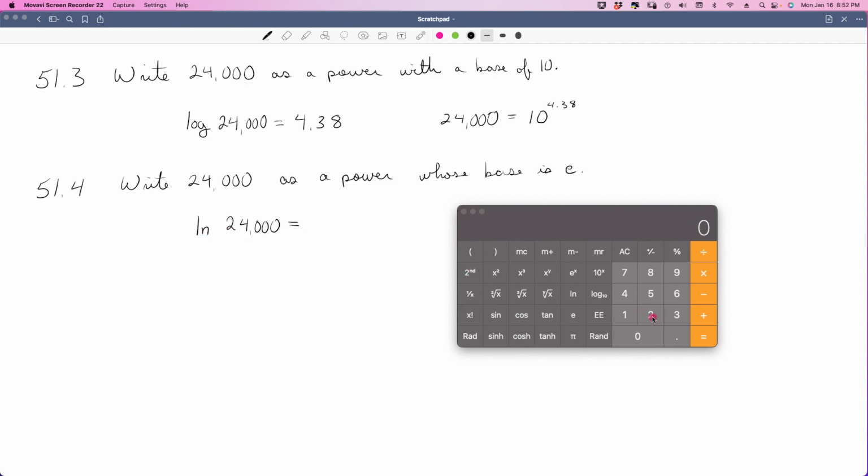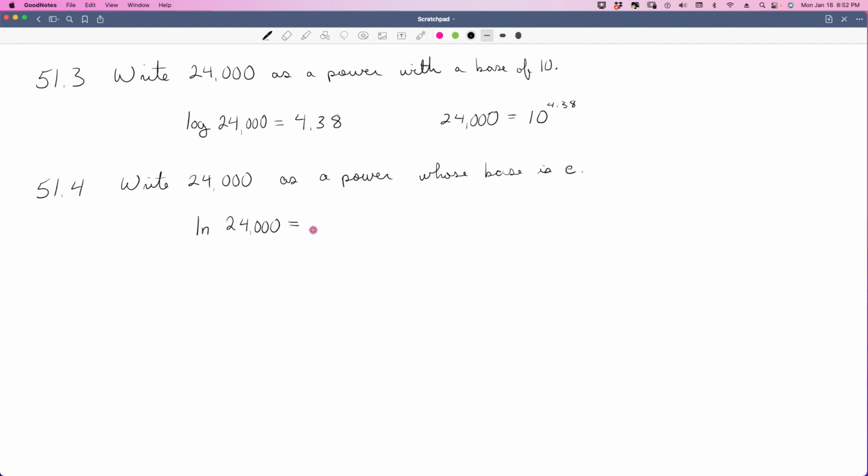So you would just type in your calculator 24,000 and press the ln button, and it gives us 10.0858. I'm going to round this up to 10.09. And then I would write that as an answer, 24,000 is equal to e with an exponent of 10.09.